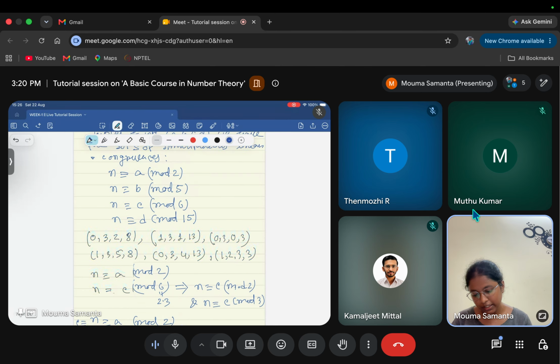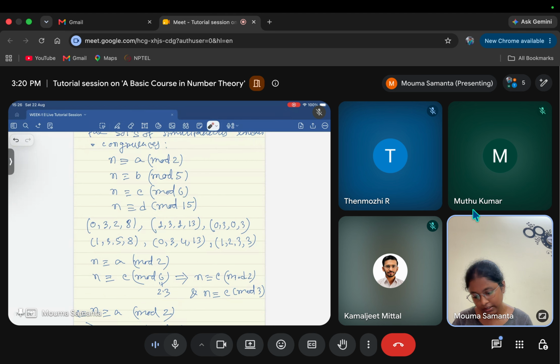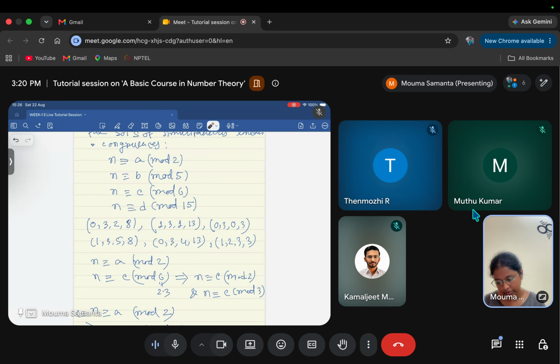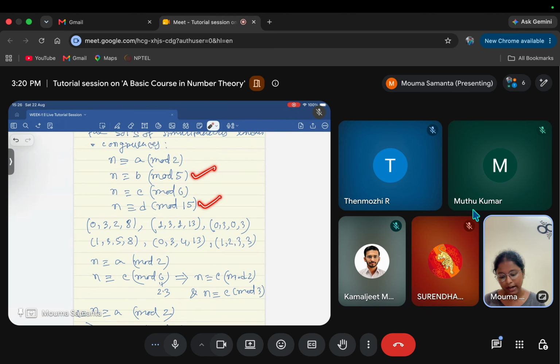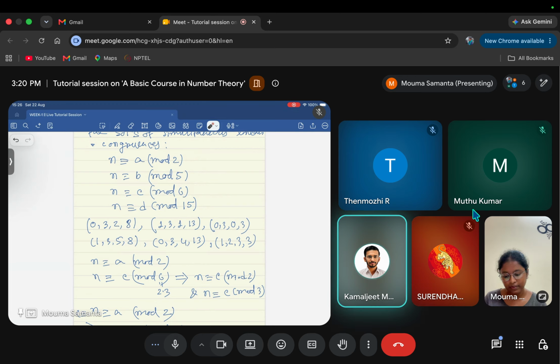Similarly, from this equation and this equation, and also from this equation and this equation, what can you conclude? In the similar way, what we have done for this and this. Ma'am, for the last equation we can write n is congruent to d mod 3 and congruent to d mod 5, and we can solve similarly.